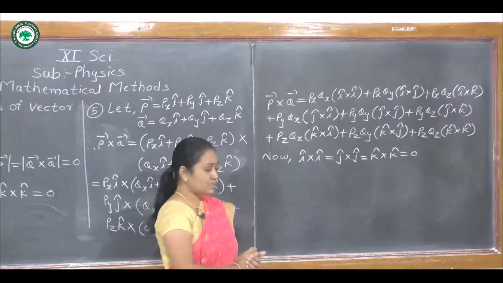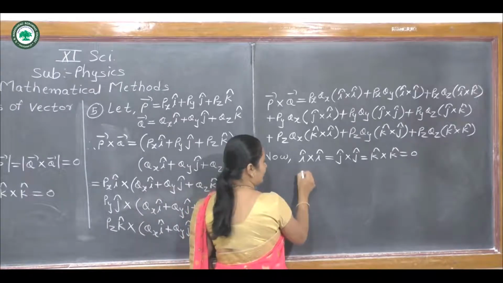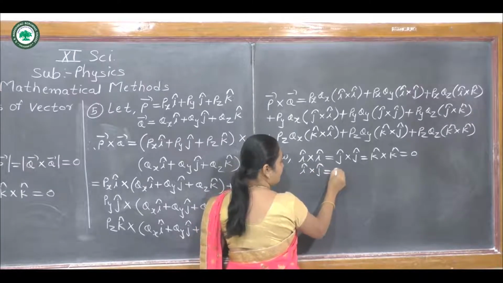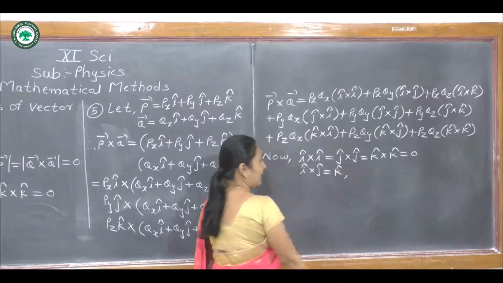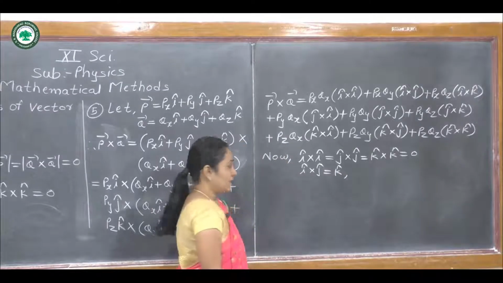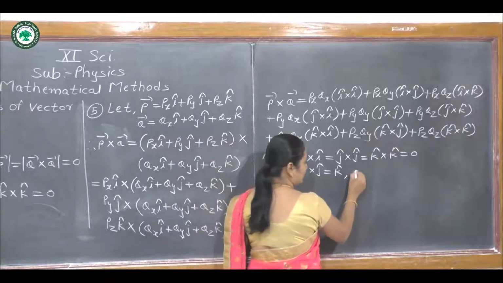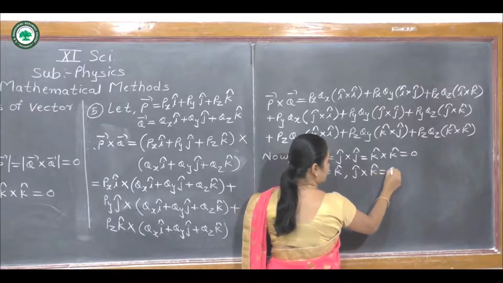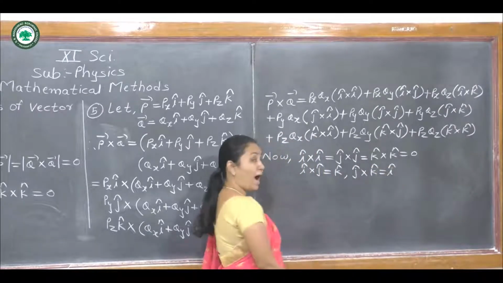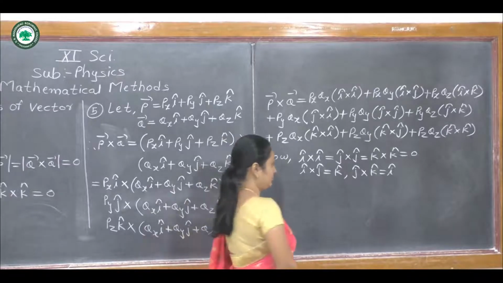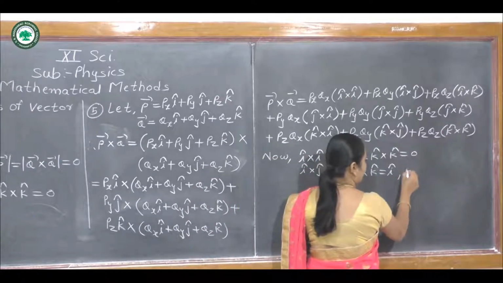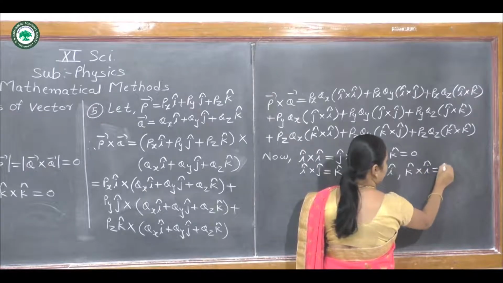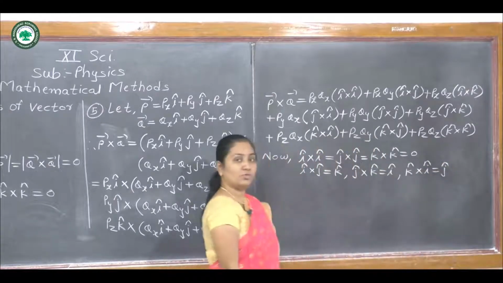Similarly, i cap cross j cap is equal to k cap, j cap cross k cap is equal to i cap, and k cap cross i cap is equal to j cap.